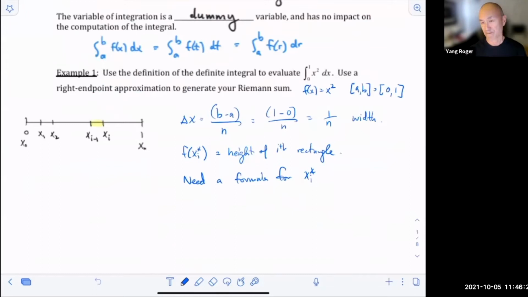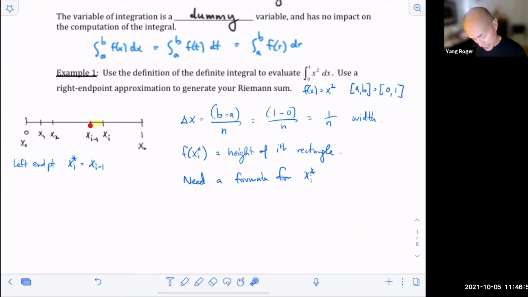So let me help you find the xi star. When we work with the xi star, it makes a difference if you're doing the left endpoint or the right endpoint, right? So if we're doing the left endpoint, then we know that xi star is just going to be xi minus 1. So this is the general interval.